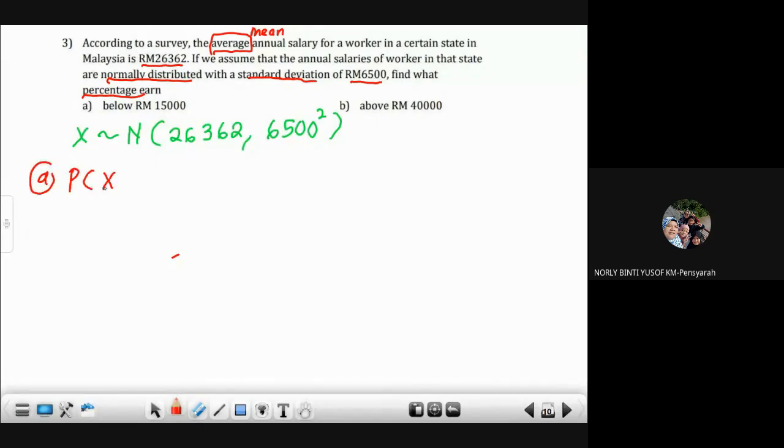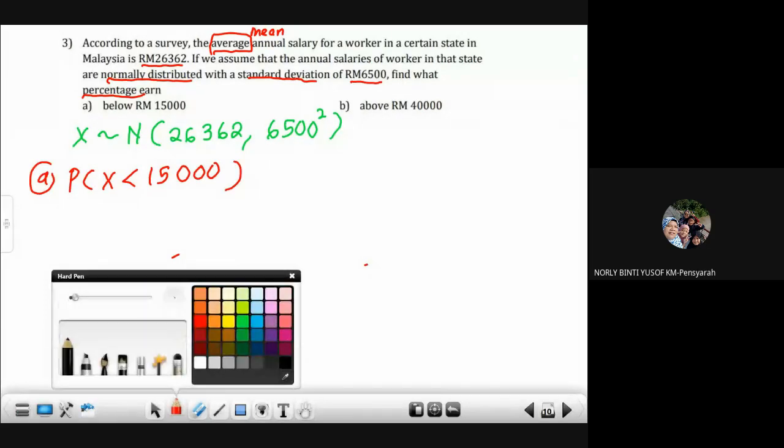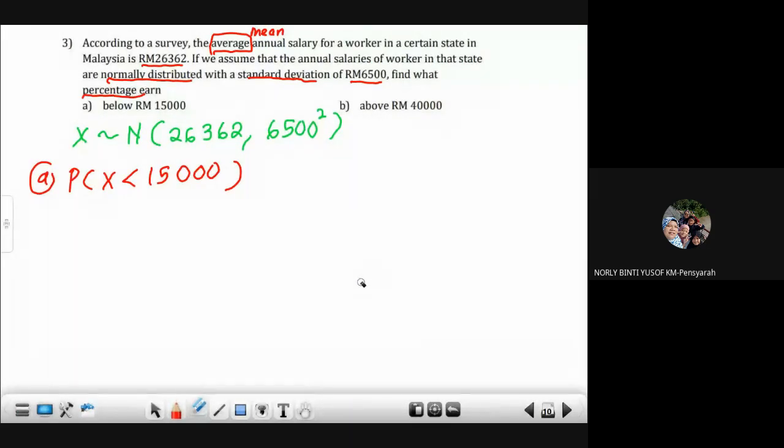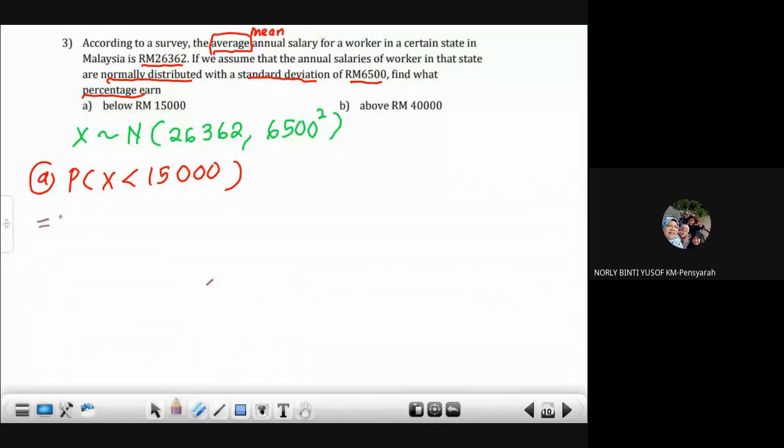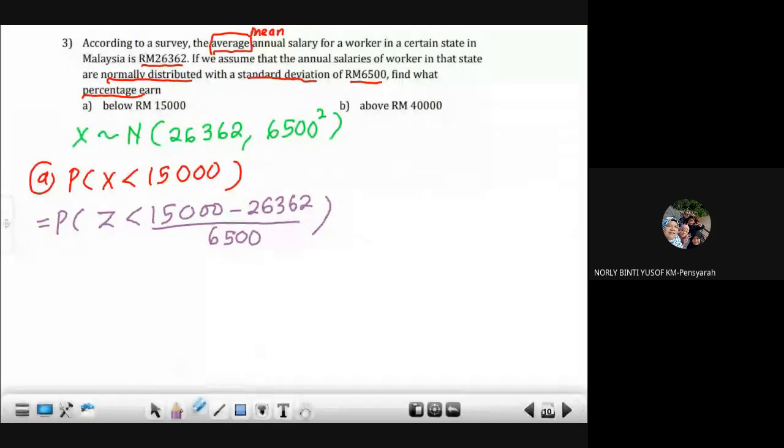So X below 15,000. The number is big now, earlier it was small. But the method is the same, you still need to standardize the score Z. So 15,000 minus 26,362 divided by 6,500. Okay, you will simplify the score Z to negative 1.75.